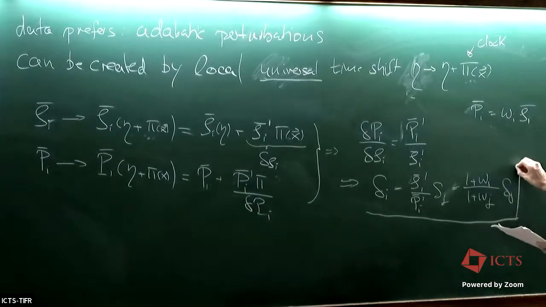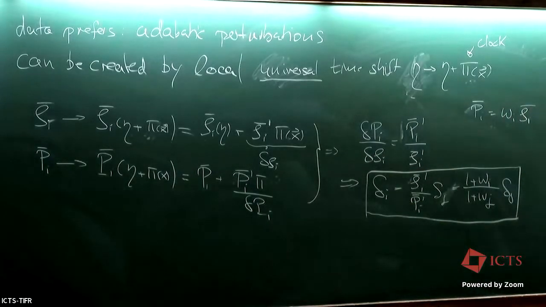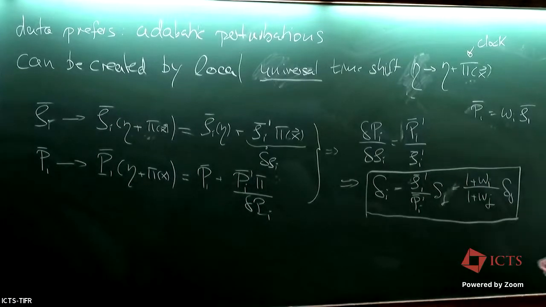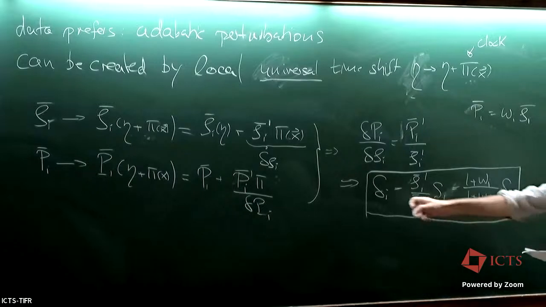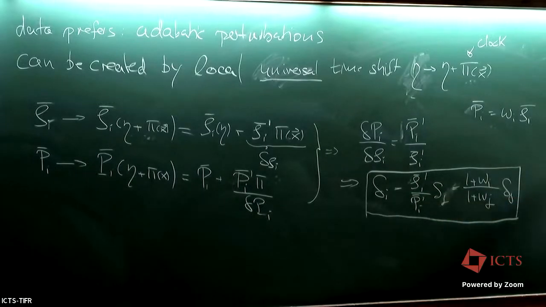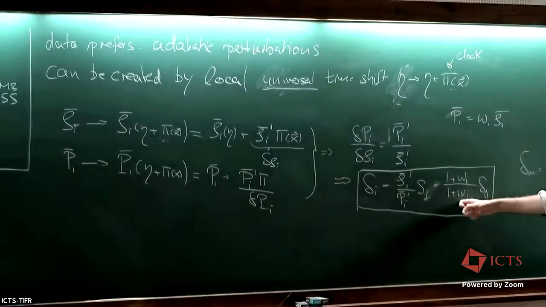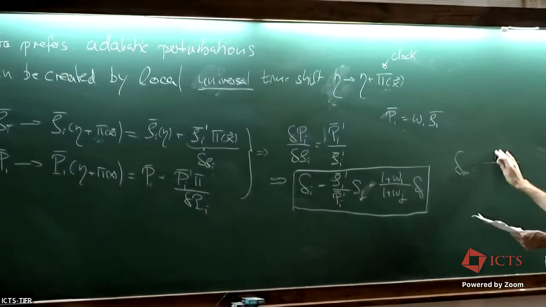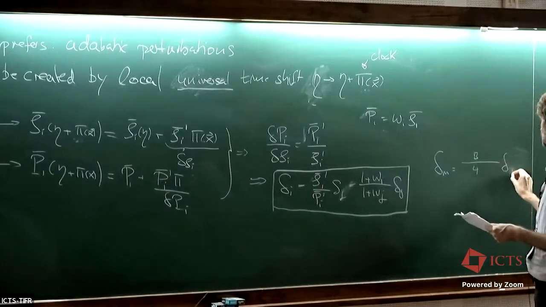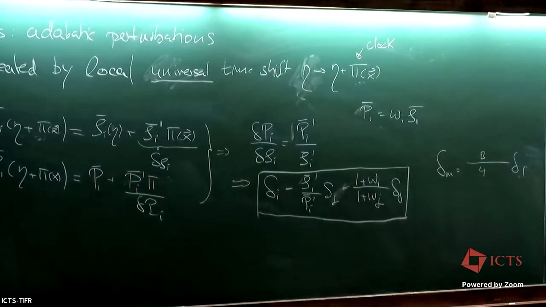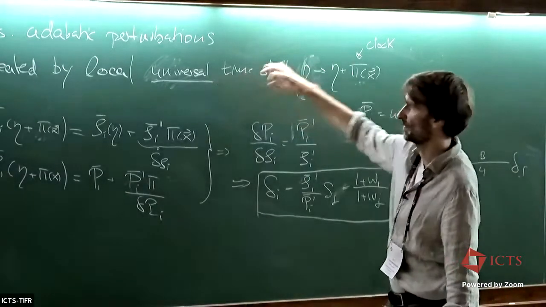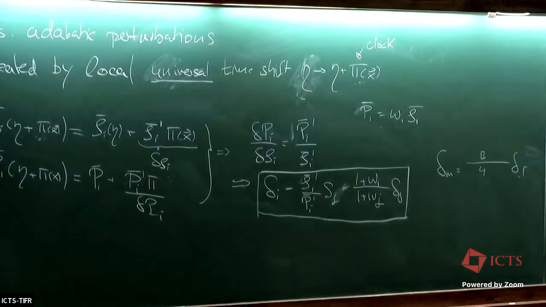So it's a certain type of universality relation between perturbations of different types. So let's look at matter and radiation. If i is matter, then we know the equation of state is 0. So we get 1. For radiation, it's a third. So we get 4/3. So we get 3/4 times delta radiation. So we suddenly have a very simple relation between matter and radiation perturbations that follow from this simple idea that we have this universal time shift that creates perturbations.